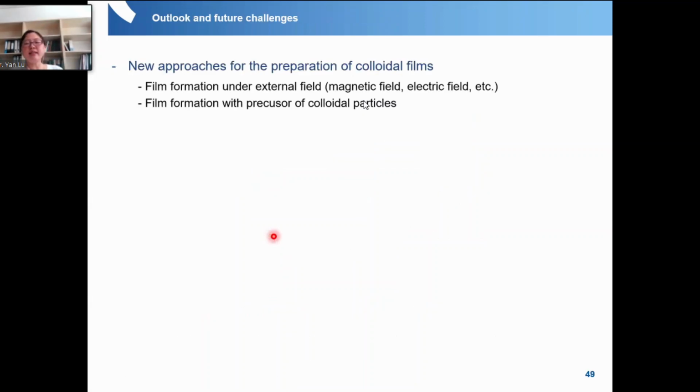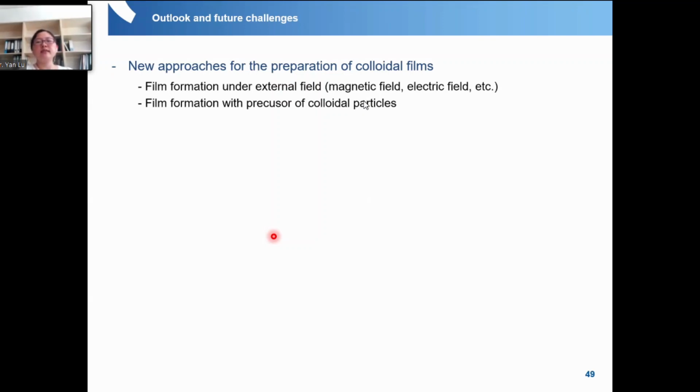So then we can come to the conclusion, and as I promised you, there will be some challenges in this field. Of course, new approaches for the preparation of colloidal particles still need to be developed.